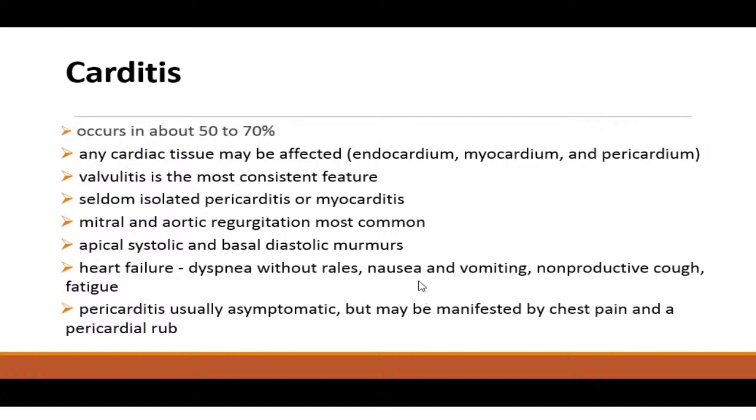As a manifestation of carditis, because of heart failure, we may see dyspnea with rales, sometimes nausea and vomiting, non-productive cough, fatigue, so general signs of heart failure. If isolated pericarditis takes place, it's usually asymptomatic, but sometimes can manifest with chest pain and pericardial rub.